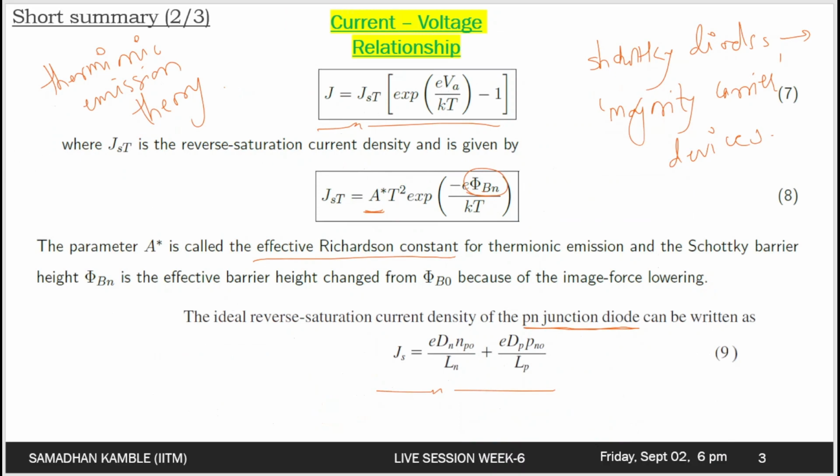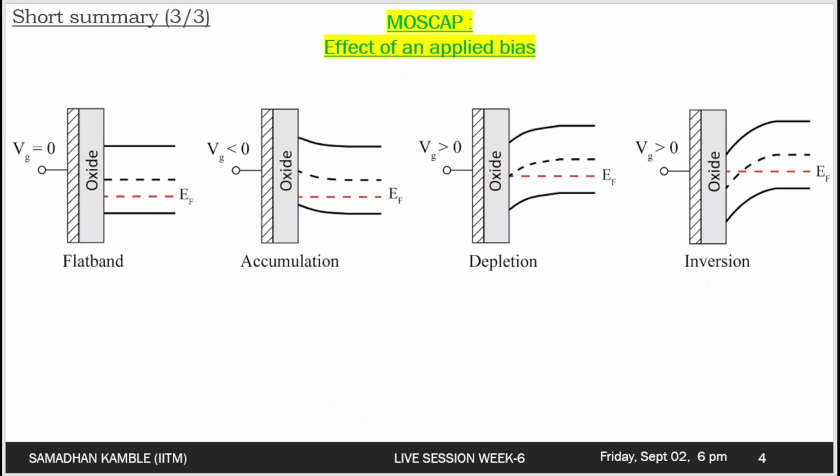So let us go to the final slide for the summary, and that is the MOS capacitors. We saw the MOS capacitor, that is the metal oxide semiconductor capacitor. The metal oxide semiconductor capacitors are key elements in all of the MOS devices.